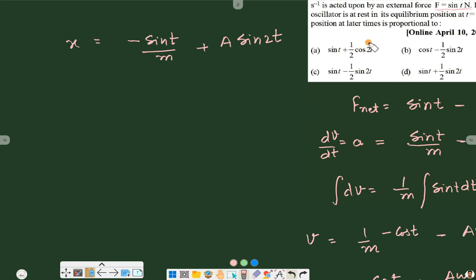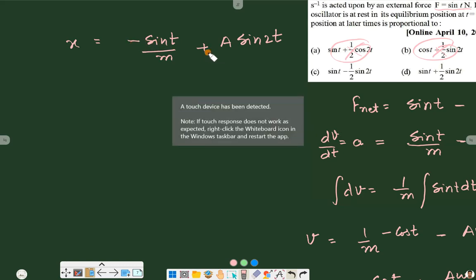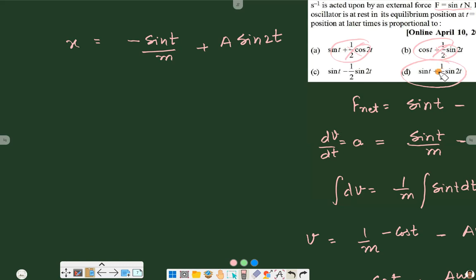So sine cos is rejected again, and cosine is again rejected. Now we have sine t minus half sine t plus half sine 2t. So we have one here negative and one here positive. Both can't be positive. So option D is again rejected.